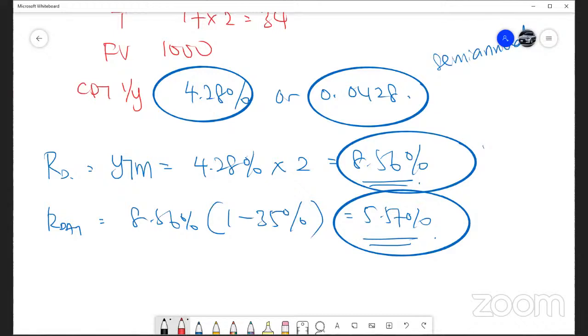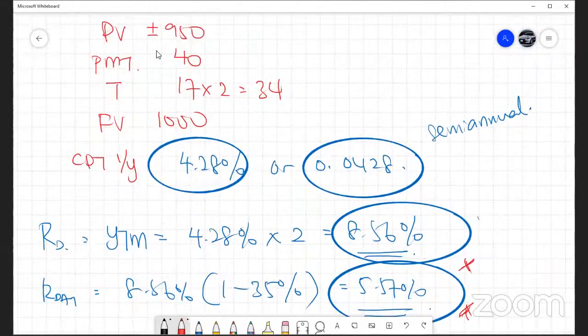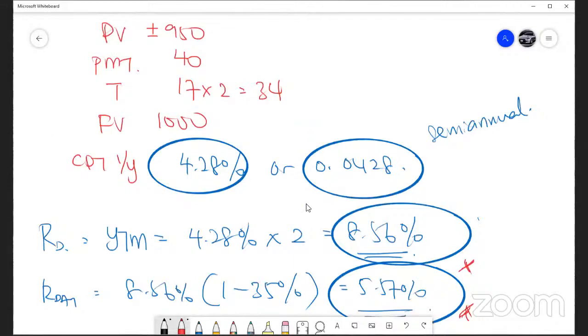Can follow, cannot follow? It was a bit confusing just now when I talked about the formula, because I forgot that this is actually computing R. When you need to compute R, you use the bond formula, but you cannot find R directly. You need to use trial and error, trying until you get PV equals 950, which is very troublesome. So if you have a financial calculator, just key in as I showed you, then compute.